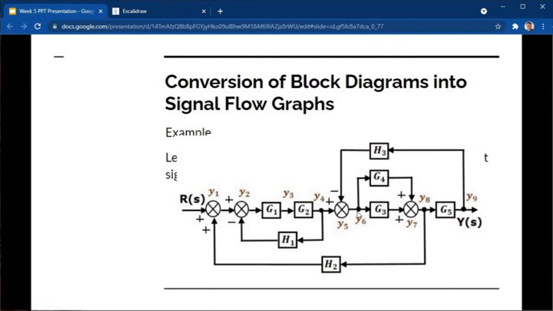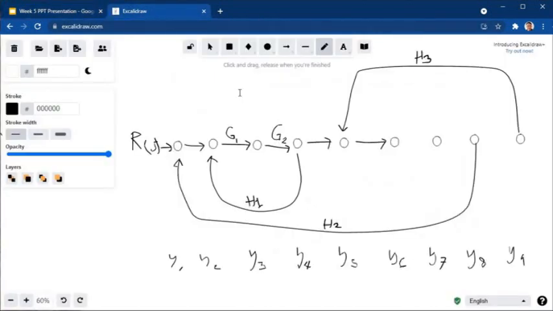That is the signal from y sub 6 with the gain of g3 and also a signal from y sub 6 with the gain of g4. So both from y sub 6.